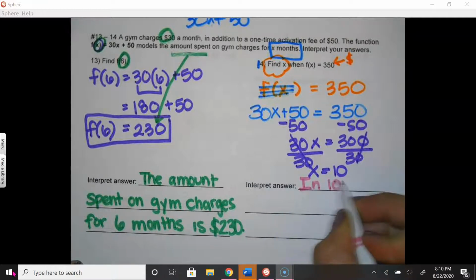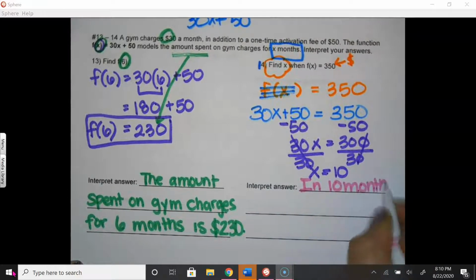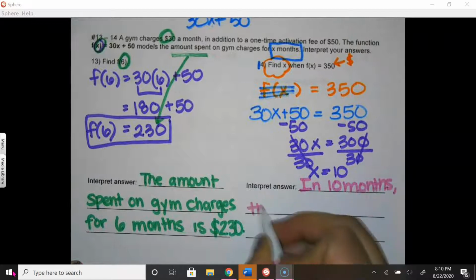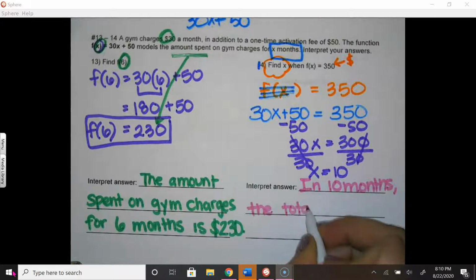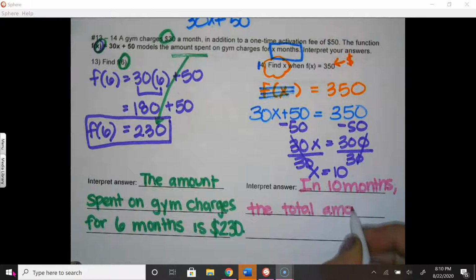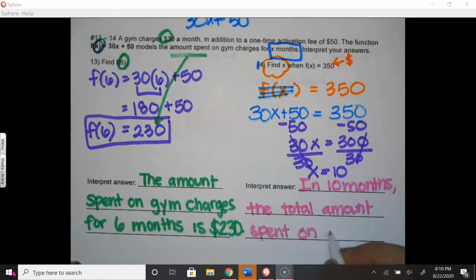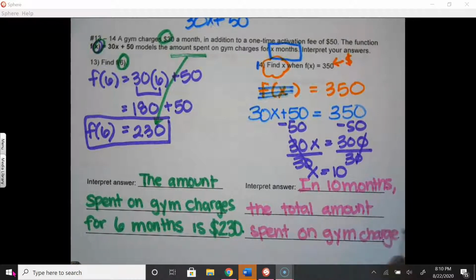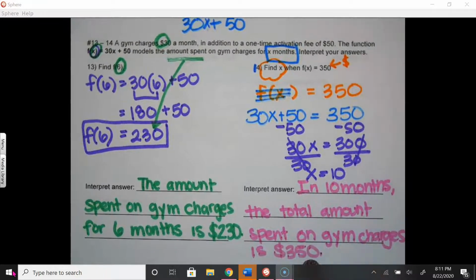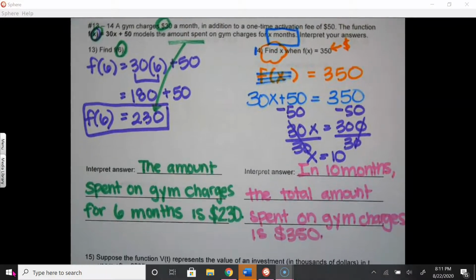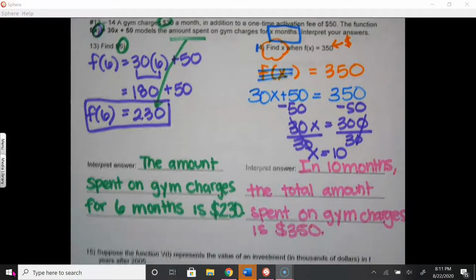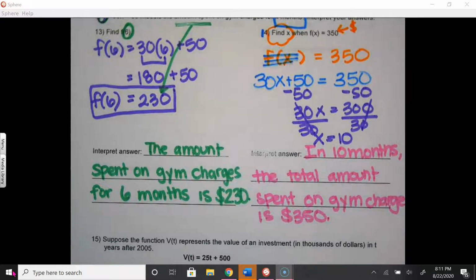So in 10 months, the total amount spent on gym charges is $350. No matter how you word it, 10 is the months and 350 is how much they've spent up to 10 months.